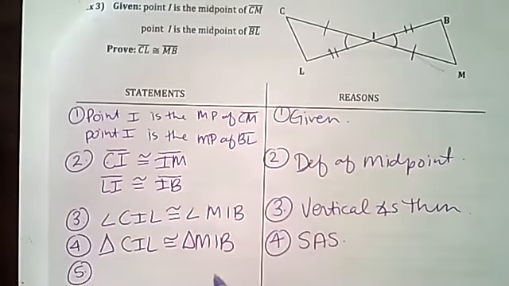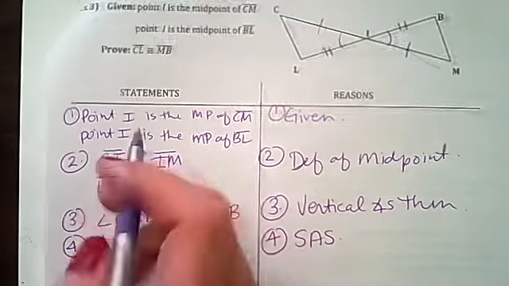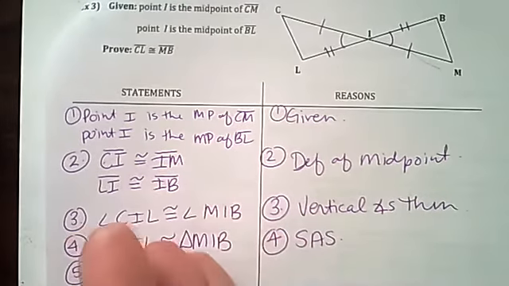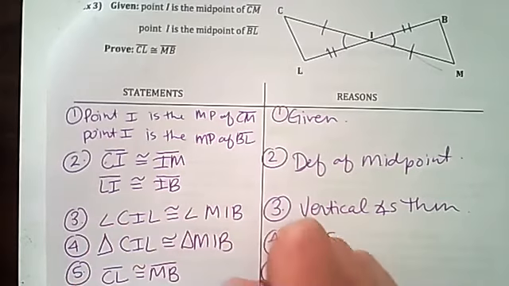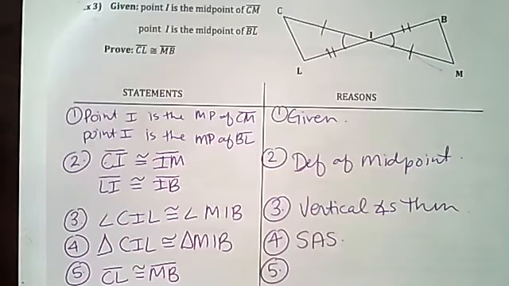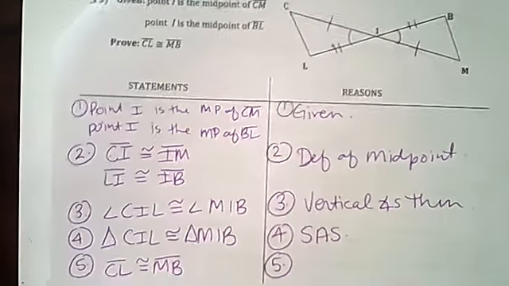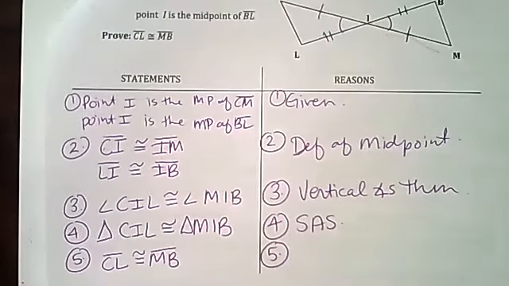Okay, so now that I've proven the triangles are congruent, I can say that CL is congruent to MB. Do we remember what that reason would be? I'm showing that corresponding parts of the congruent triangles are congruent. CPCTC, awesome.